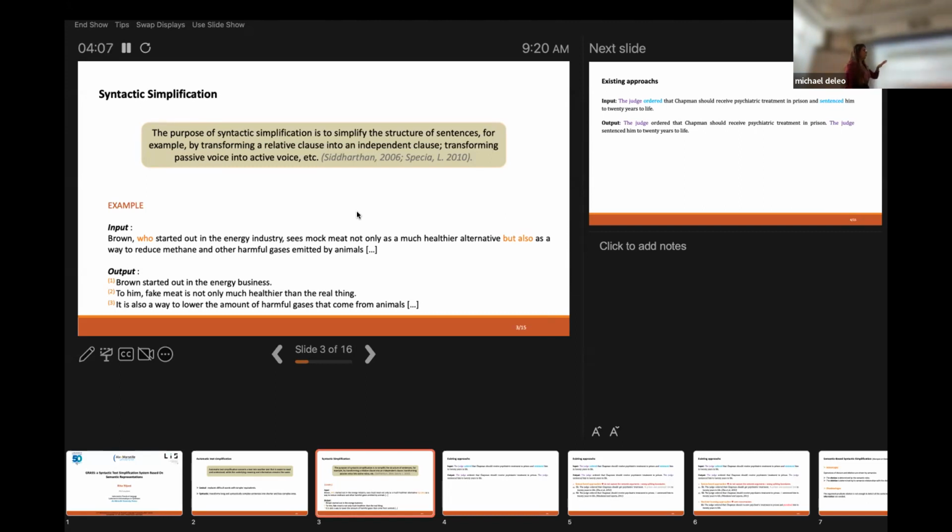The goal of syntactic simplification is to transform this sentence into three simpler sentences. So this is syntactic simplification, and it is my work. I'm working on a system that can go from this sentence into two or more simpler sentences.